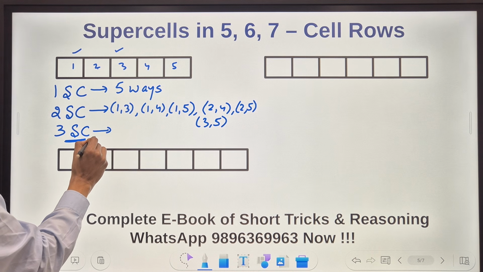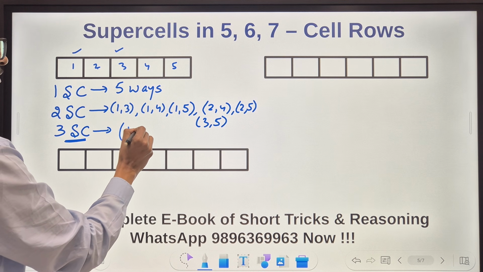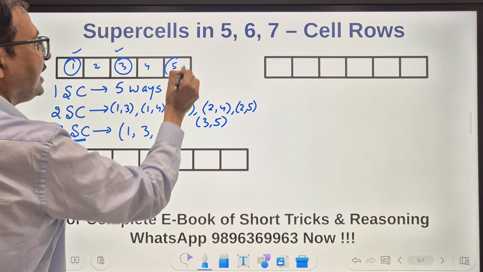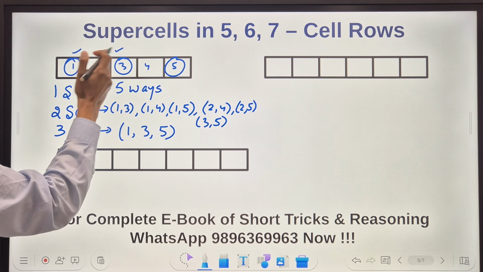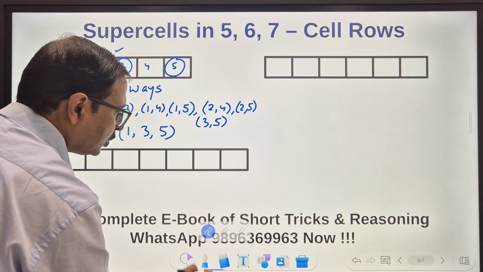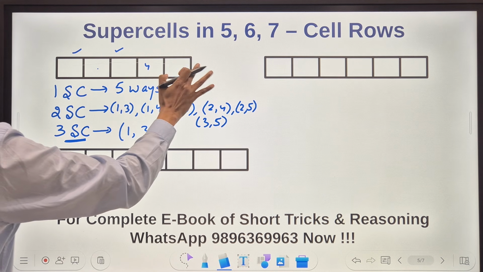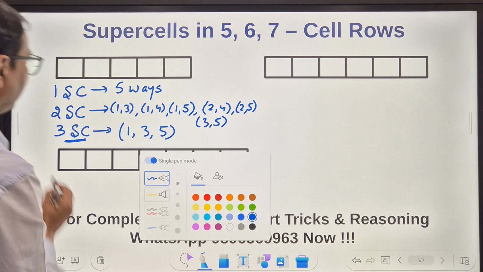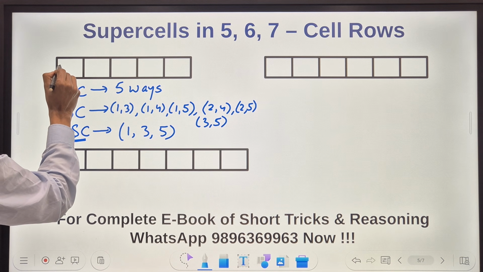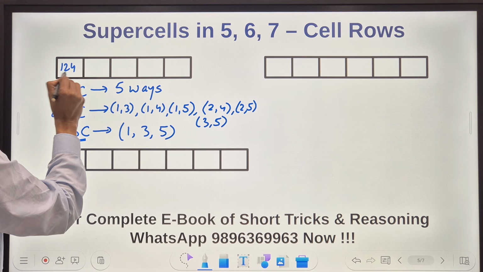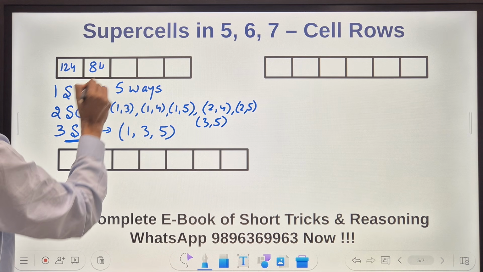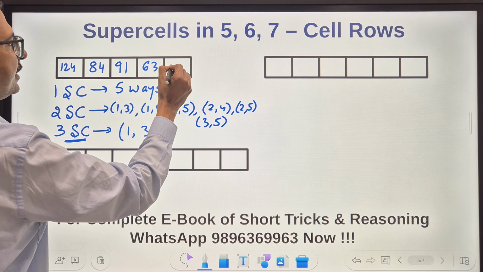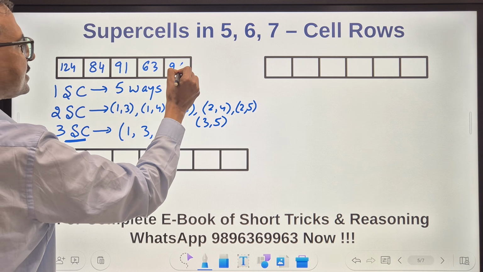So what is the possible combination? 1, 3, 5. See, 1, 3, 5. They can be supercells. So I can put some numbers here and show you how 1, 3 and 5 will work. Let's take one example. Here let us take 124. How about this becoming 84, 91, 63 and say 96.